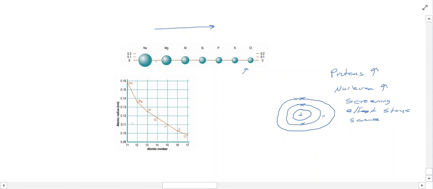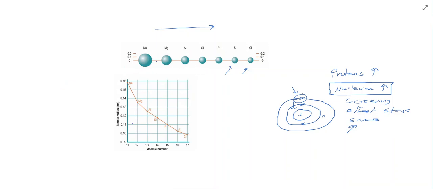So if the screening effect stays the same and the nuclear charge increases, this outer electron is going to feel more and more of a pull inwards. And the more of a pull inwards it feels, the smaller the atomic radius gets. Essentially, it starts to reduce.